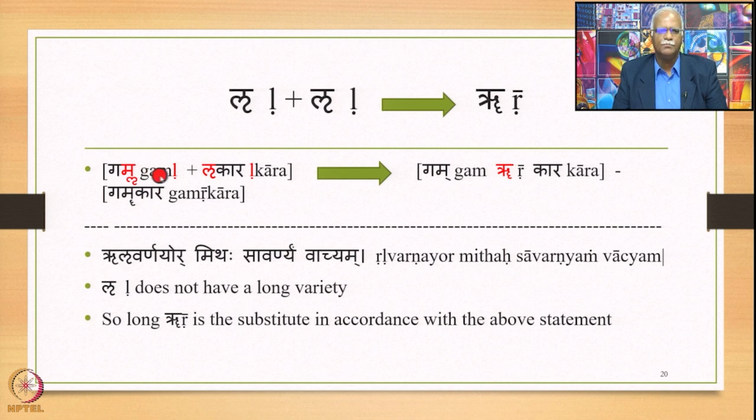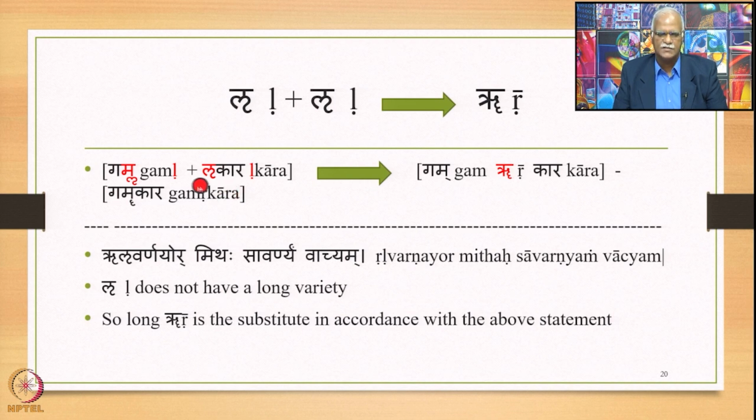So we have gamlu plus lukara. Gamlu is the mention of the verbal root gam in the dhatupatha, and there is this imitation, and because it's an imitation, it attains the status of pratipadika and therefore a pada, and therefore is an input to a compound, and so we have gamlu plus lukara.